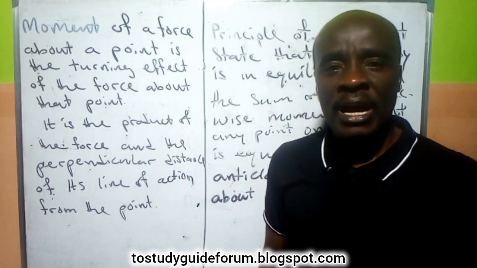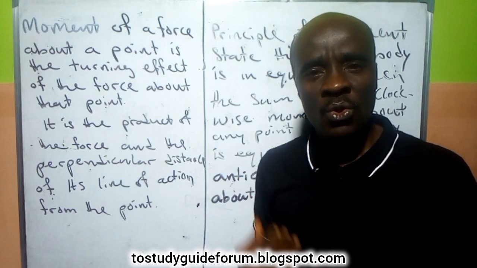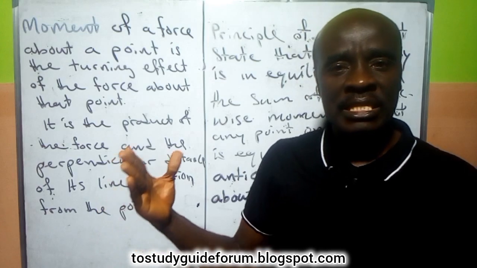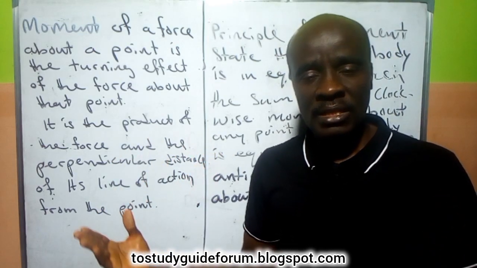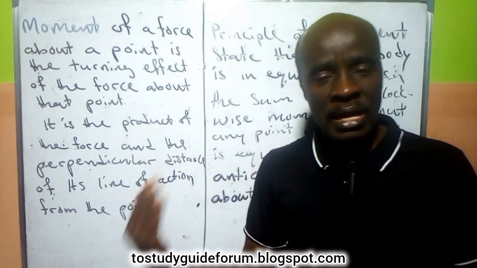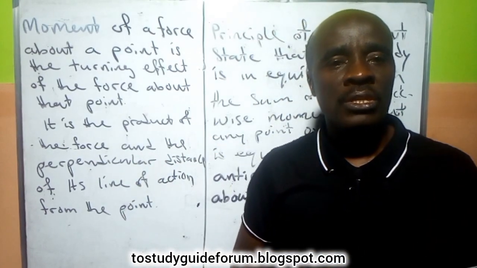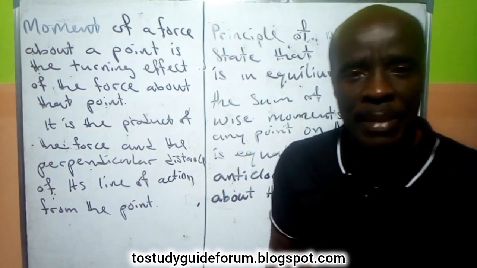Now, whenever we consider this moment, we consider it in two ways. Normally it's either clockwise or anti-clockwise. That's how we normally talk about it. So in dealing with moments, we look at it in that way. Now, what do we mean by clockwise?